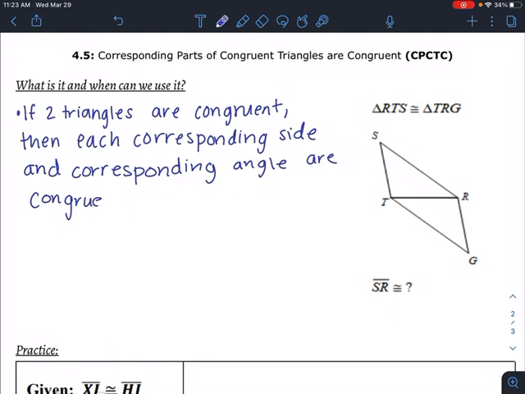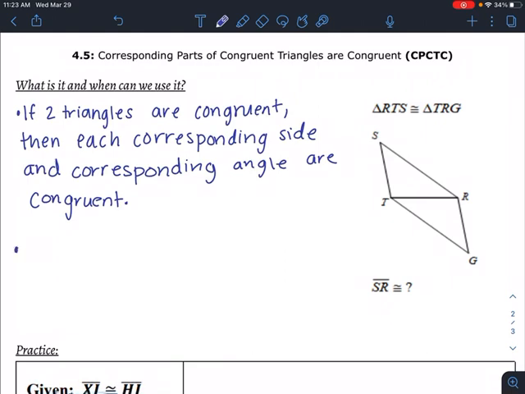Essentially, instead of saying because this side and this side and this angle are the same, then the triangles have to be congruent, now we're saying the triangles are congruent, therefore this side and this angle are the same. You almost think of it as working backwards.